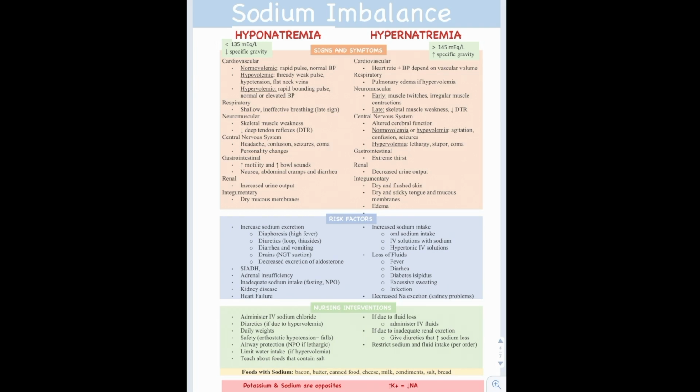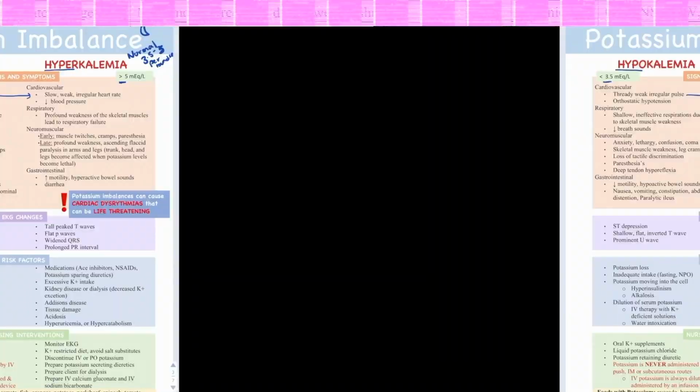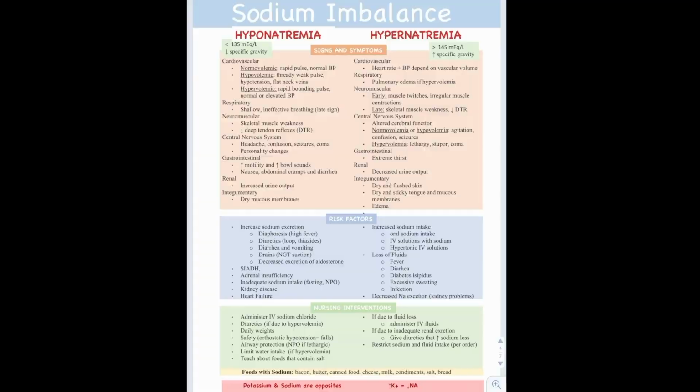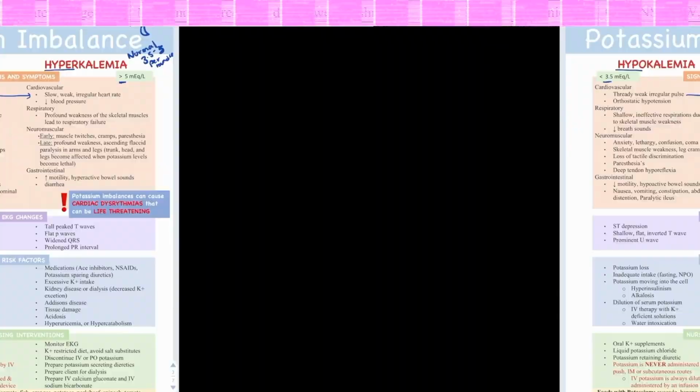So let's look at the different signs and symptoms based on different systems within the body. In the cardiovascular system, we'll talk about hyponatremia first. If someone is normovolemic, meaning they have a normal amount of blood volume, they'll have a rapid pulse with a normal blood pressure.